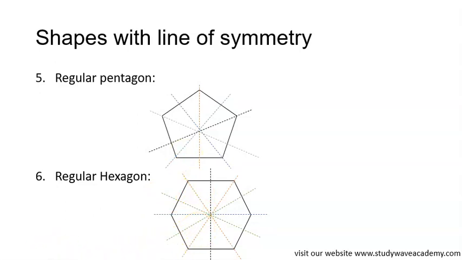Can you remember what we said about symmetry? We said symmetry is a property where one shape or object can be divided into two parts that are mirror images of each other. Some shapes can be divided into more than two parts, okay? Like the pentagon, hexagon.